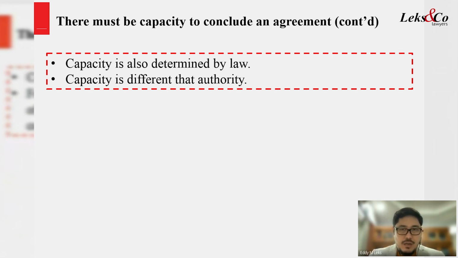Okay. I want to explain about capacity is different than authority. So capacity, if you are not, for example, in the company law, of course, company is a legal entity, and legal entity cannot represent itself, right?